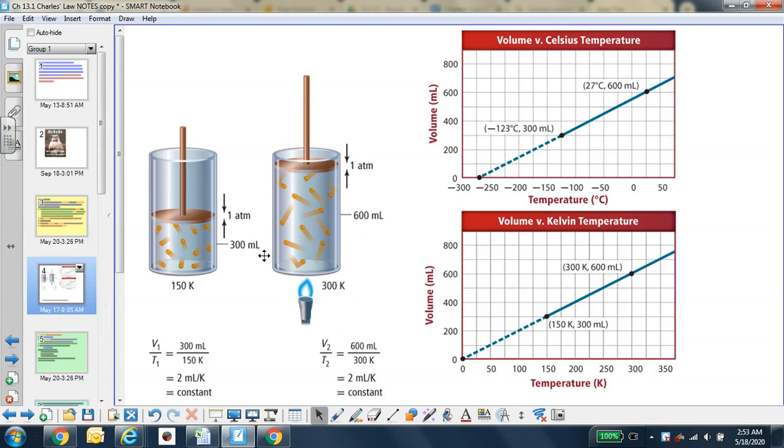It increases from 300 to 600. And we still have the same amount of atmospheric pressure, standard atmospheric pressure, 1 atm, pushing down on that piston. So if we take a look here in this graph, as the temperature increases, so does the volume.